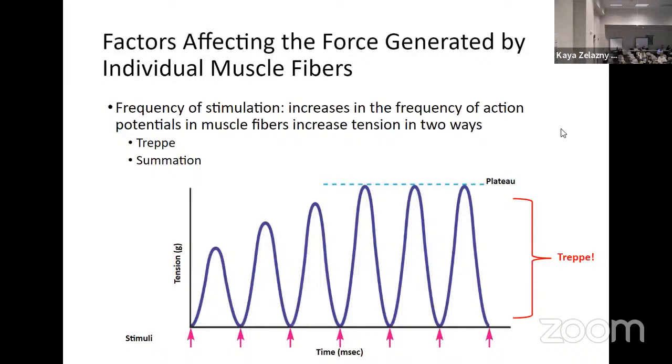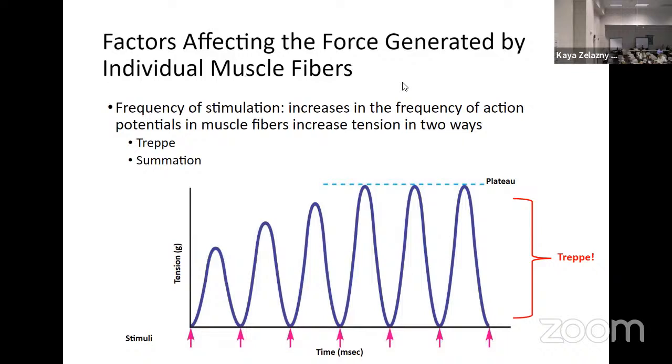Okay. You can also see differences in what happens when we have stimulation at different frequencies. So what we're thinking about is action potentials essentially coming from our motor neuron, and we're going to see effects of the number of action potentials and how much space there is between them that affects their tension essentially.